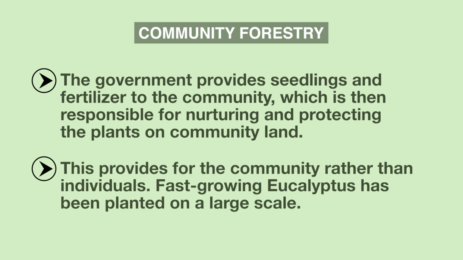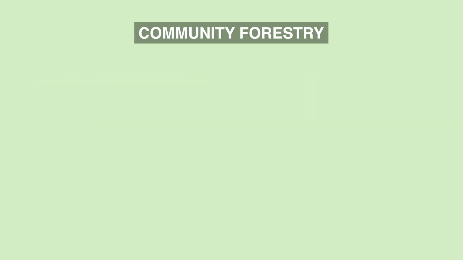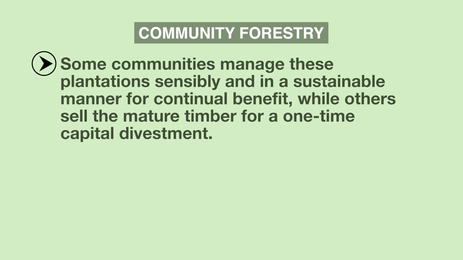This provides for the community rather than individuals. Fast-growing eucalyptus has been planted on a large scale. Some communities manage these plantations sensibly and in a sustainable manner for continual benefit, while others sell the mature timber for a one-time capital investment.